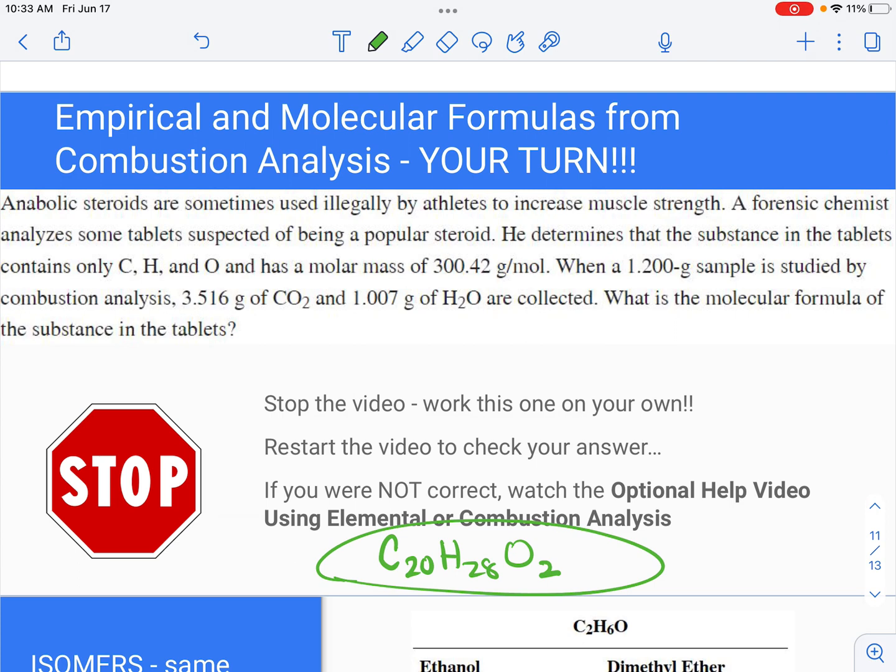If you were correct, congratulations, because that means that you just did really well with your first real AP thing. If you were incorrect, then you can see the work for this on the optional help video called Using Elemental or Combustion Analysis, and I'll give you an opportunity to practice some more in there. If you were correct, then that's completely optional. If you were incorrect, then it's highly recommended.